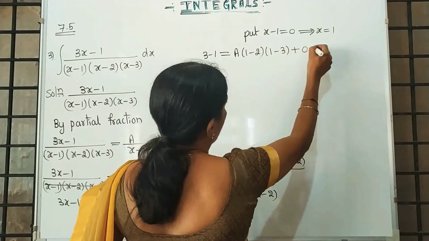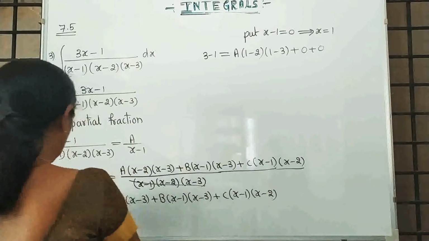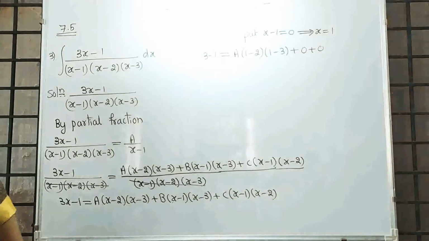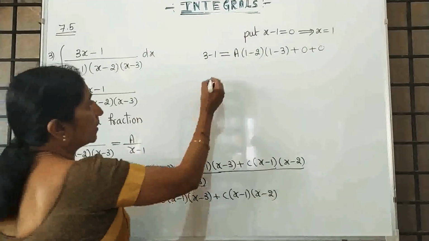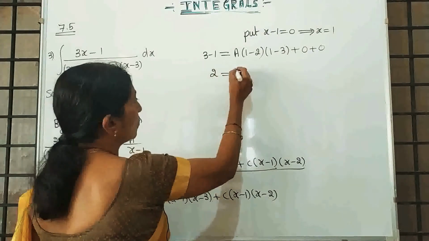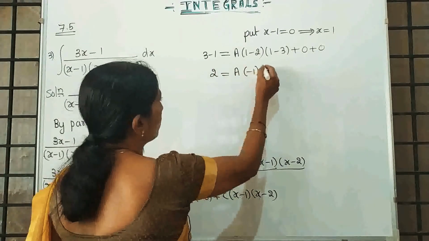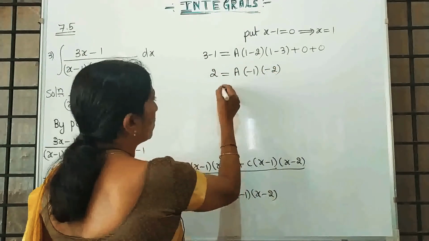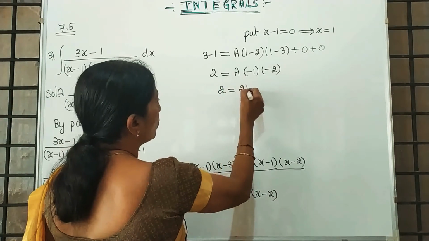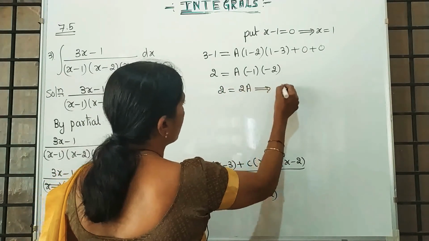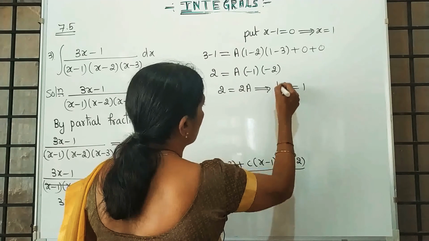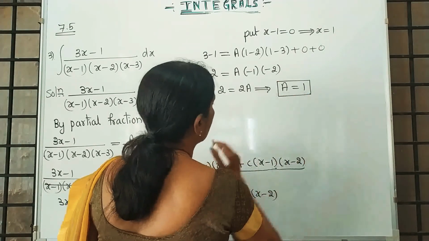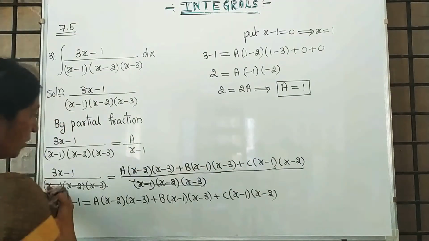Calculate that: 2 is equal to A into minus 1 into minus 2, so 2 is equal to 2A, which implies A is equal to 1. This is the first, and moving to the second.